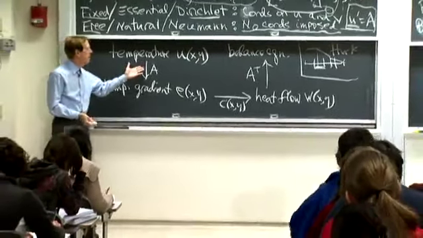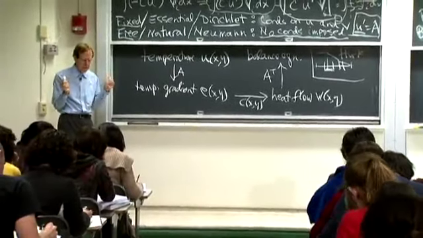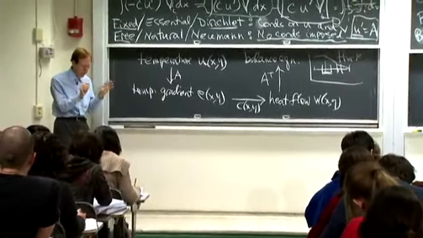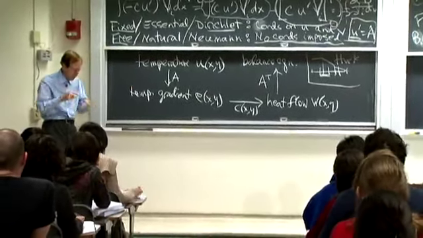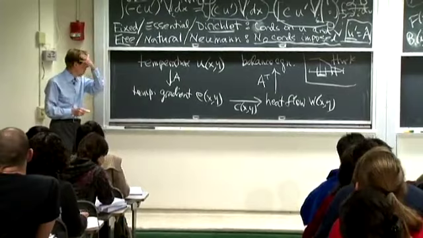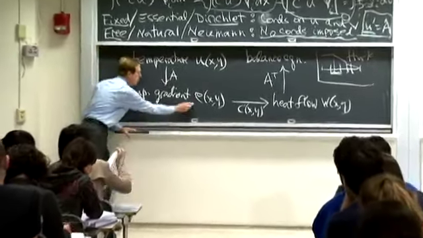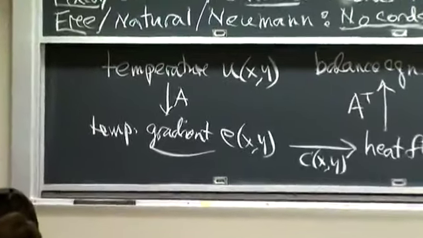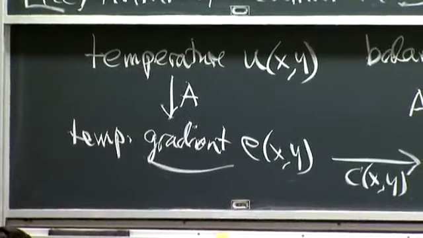I just want to think, what's the operator A? If we can focus on that question, then that's what's going to occupy us for certainly the whole of next week. So I've actually used the word gradient. We have functions of two variables.